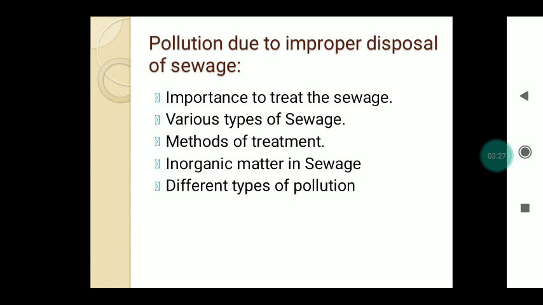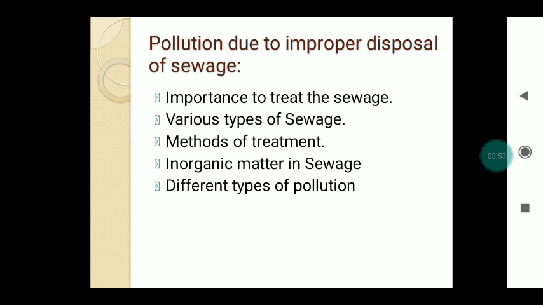Depending upon its quality and characteristics, the suitable method is adopted for the treatment of that particular sewage. The inorganic matter like pebbles, grit, sand and silt which are present in the sewage has to be removed by adopting a suitable treatment method.